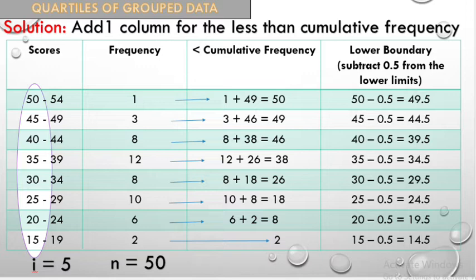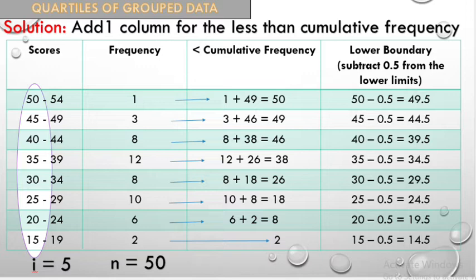Okay po? And our interval naman is 5. Bakit 5? Kasi 50, 51, 52, 53, 54. So, 5 po yung interval. And lower boundary. Dito po tayo sa column ng lower boundary. Paano po natin siya makukuha? Subtract 0.5 from the lower limits. Yung lower limits po na tinatawag ay yung scores po.